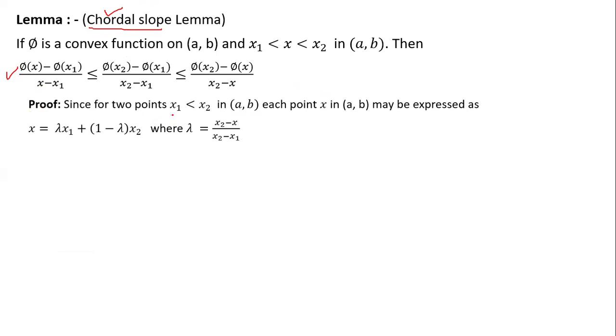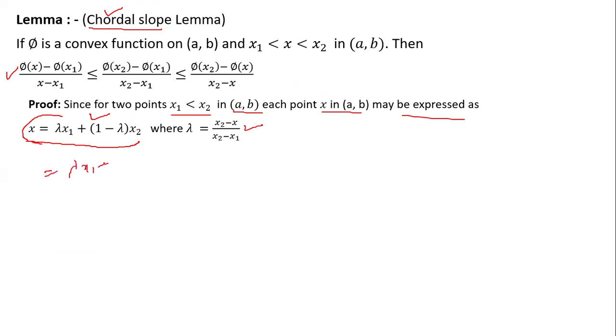Since for 2 points x1 less than x2 in AB, each point x in AB may be expressed as x equal to lambda x1 plus 1 minus lambda x2, as we have discussed in the definition of the convex function, and you can calculate the value of lambda from here also. How can you calculate it?